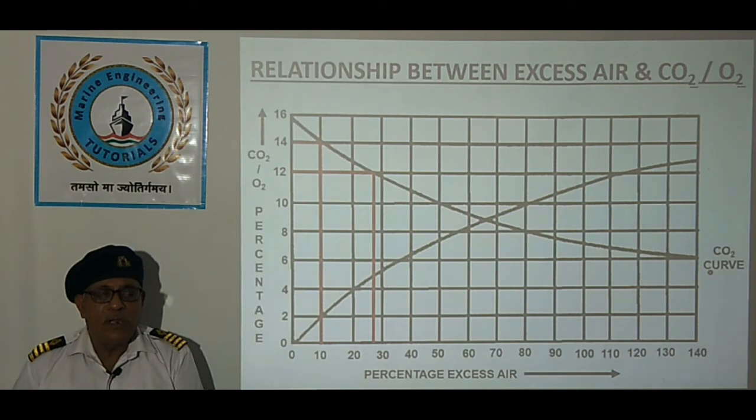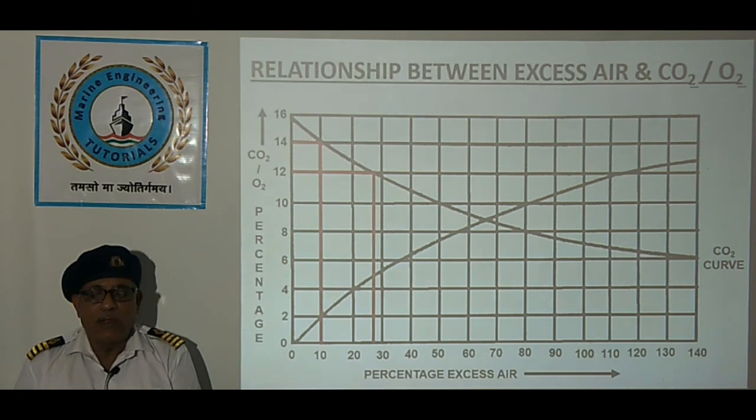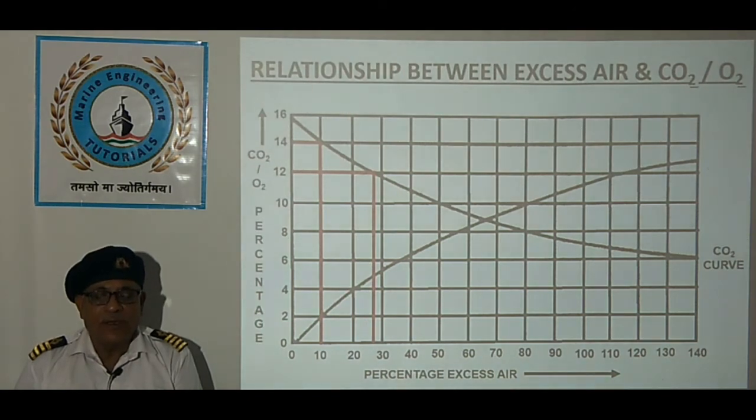We can see this is the carbon dioxide curve, and if the carbon dioxide in product of combustion is between 12 to 14%, the combustion is said to be efficient. Good combustion is achieved when carbon dioxide in product of combustion is between 12 to 14%. This corresponds to excess air between 10 to 27%.